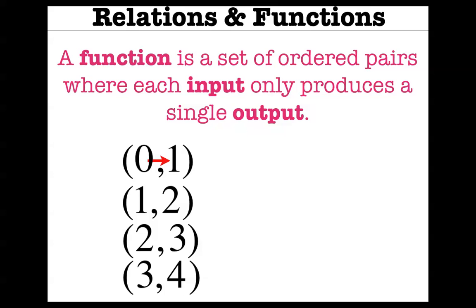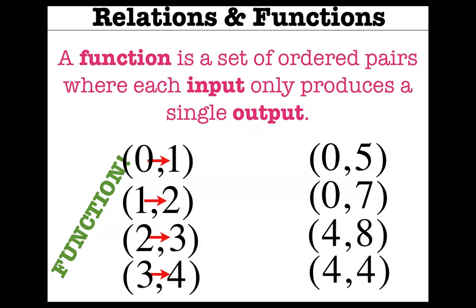When you put 0 in, you got 1 out. There's only 1 output for that input. Same thing when you plug 1 in, you got 2 out. When you plug 2 in, you got 3 out. When you plug 3 in, you got 4 out of that equation. So this is a function because for each input number, you only get 1 output number.